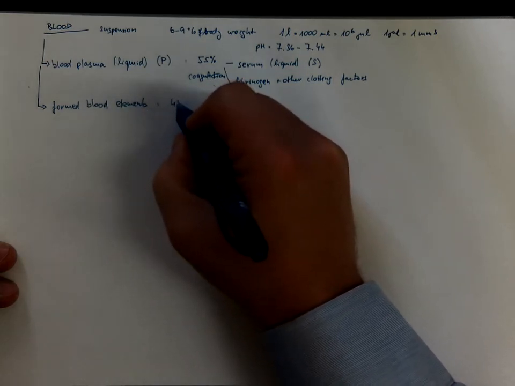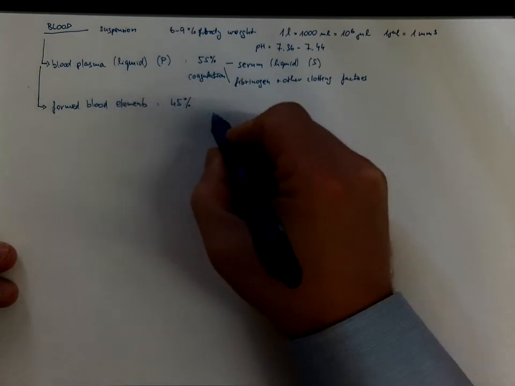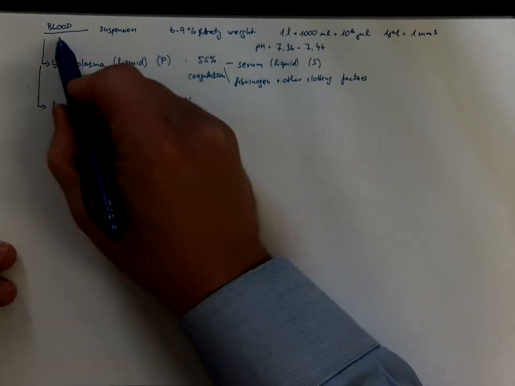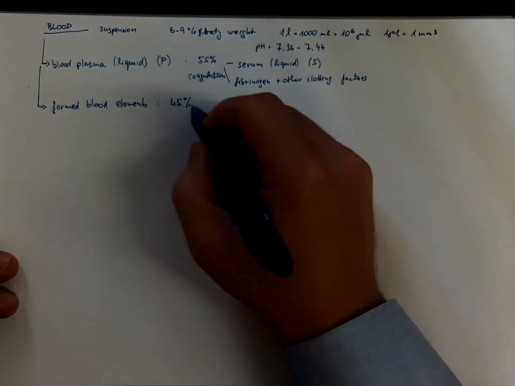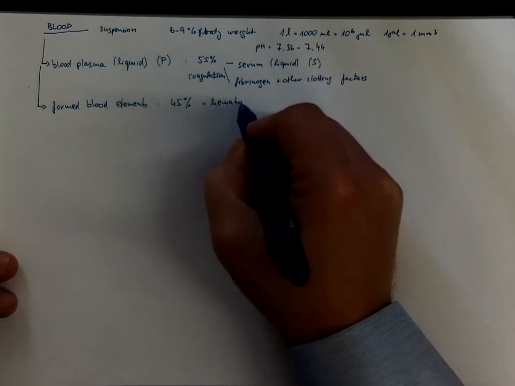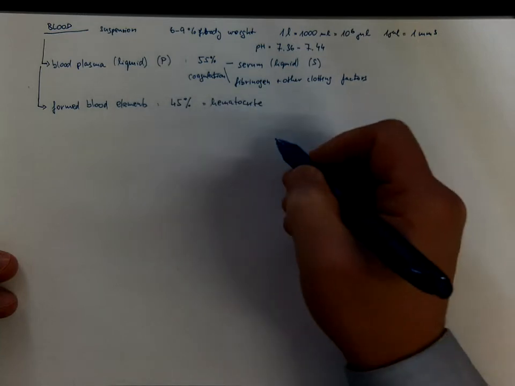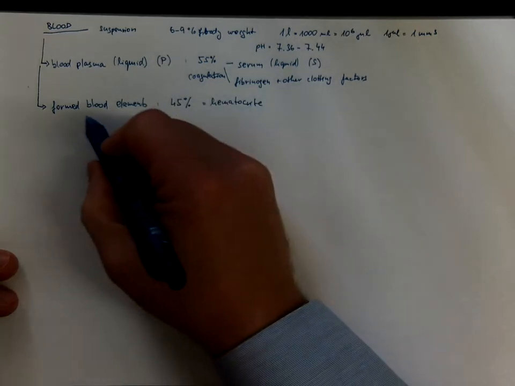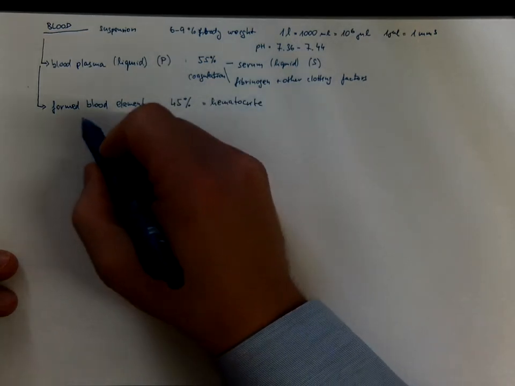They are responsible for approximately 45% of the volume of the full blood, and this value is also called hematocrit.